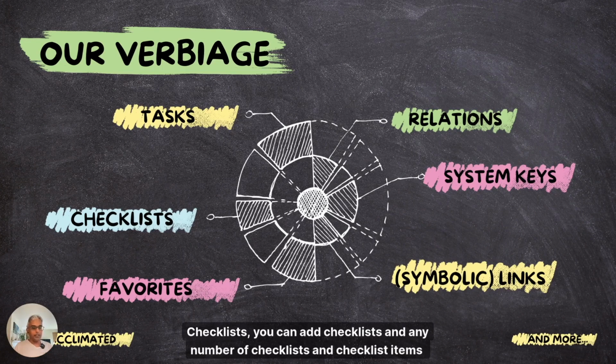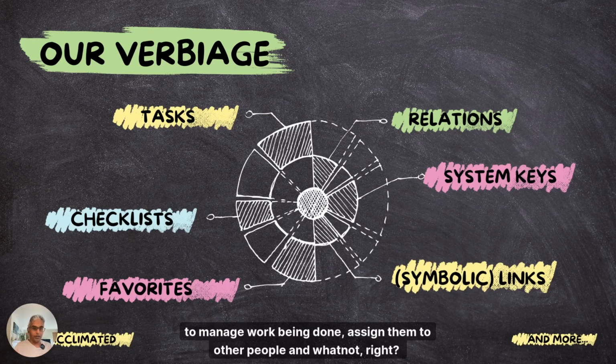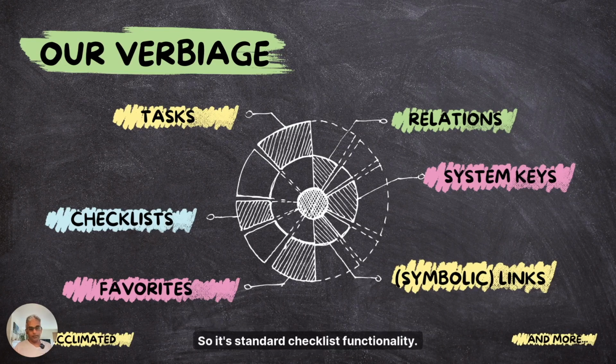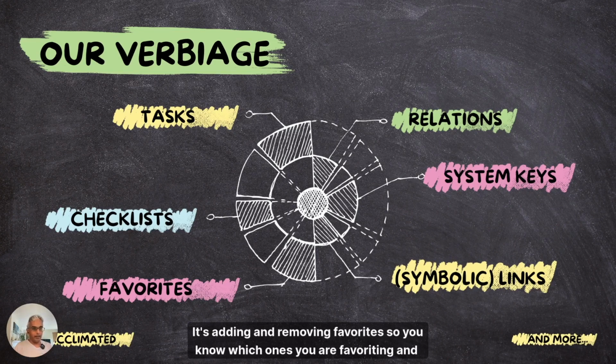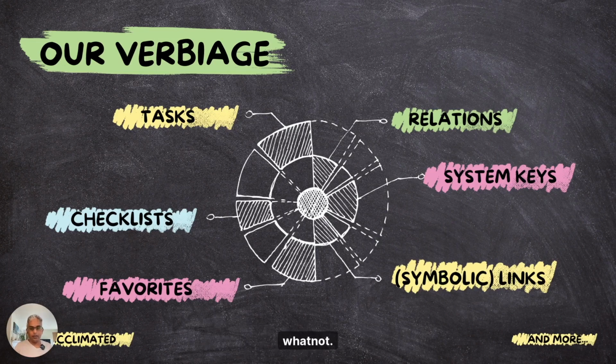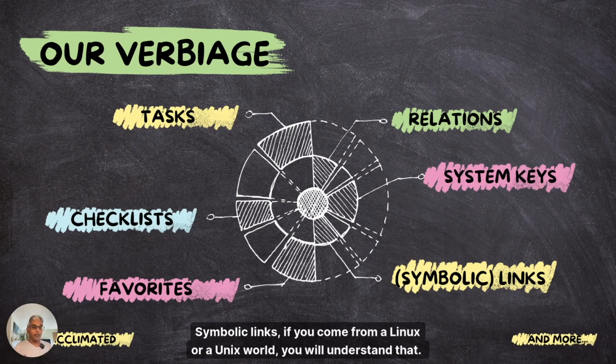Checklists: you can add any number of checklists and checklist items to manage work being done, assign them to other people and whatnot. So it's standard checklist functionality. Favorites, I don't know if I have to explain that at all. It's adding and removing favorites, so you know which ones you are favoriting. Symbolic links, if you come from a Linux or a Unix world, you will understand that.